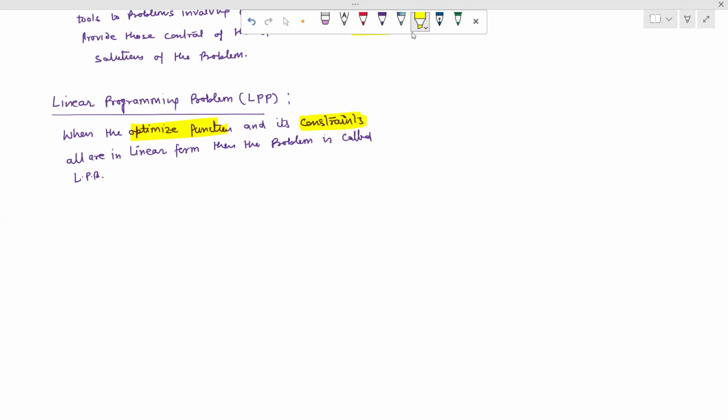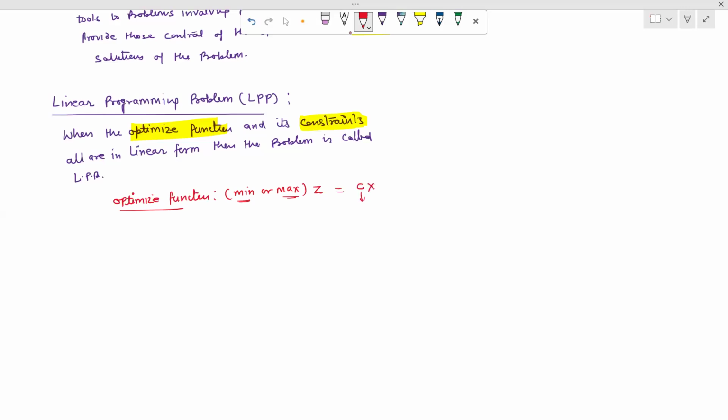Now, the optimized function depends on the profit or loss. It will be minimum or maximum: if we are talking about loss, the loss will be minimum, or the profit will be maximum. We denote this optimized function as Z. So minimum or maximum of Z is equal to Cx.